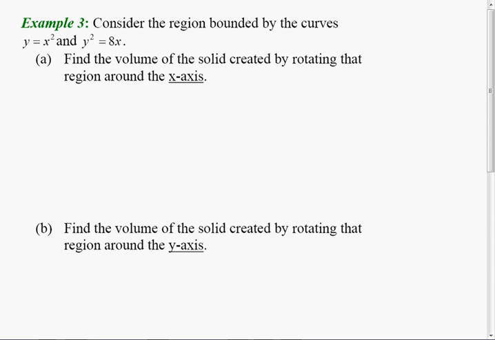And the first challenge is going to be graphing this. And we're going to rotate this over the x-axis. Well, y equals x squared is easy. Then y squared equals 8x. What does that look like? Casey, do you know?